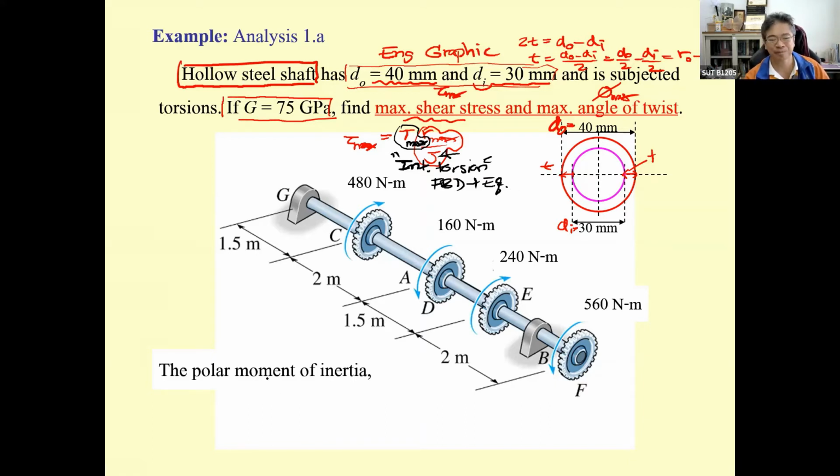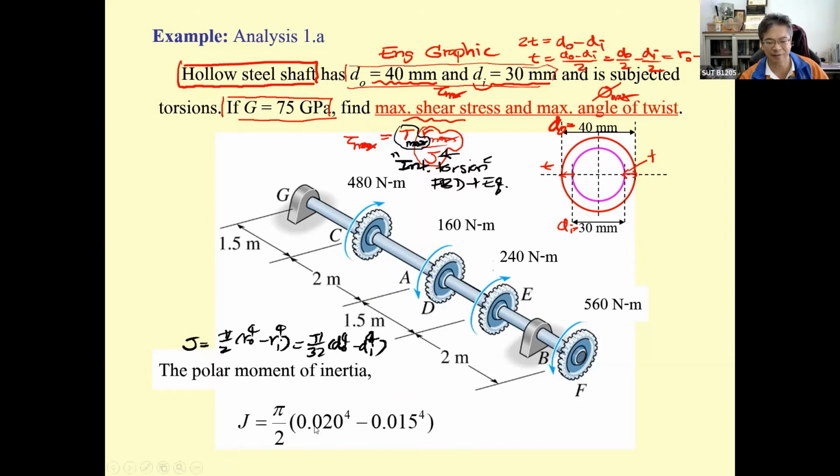So our first step, we will find the internal torsion, but following this slide, we may start by finding the J. So what is going to be the J? For this one, it is up to you. It's going to be pi over 2 times r sub O to the power 4 minus r sub I to the power 4, or it's going to be pi over 32 times d sub O to the power 4 minus d sub I to the power 4. It's up to you. Okay, if you put it in this one, you are going to use the equation of this, because this is 20 millimeters changed to 0.02 meter, and you will get J in meter to the power 4.